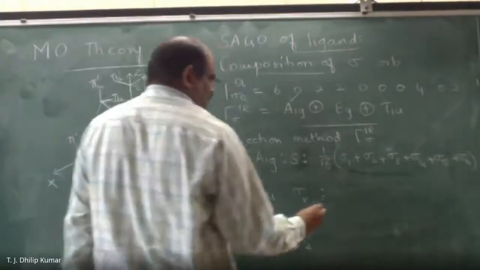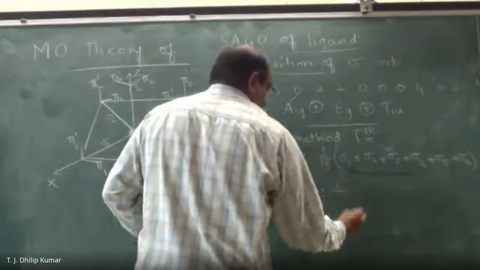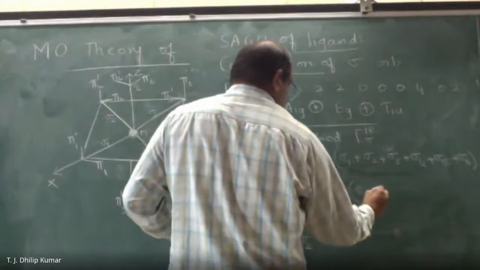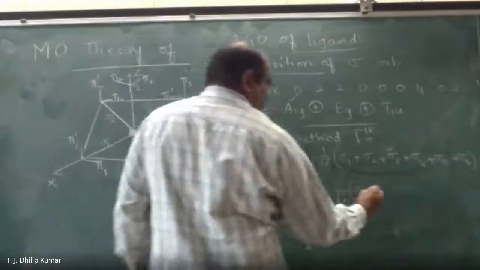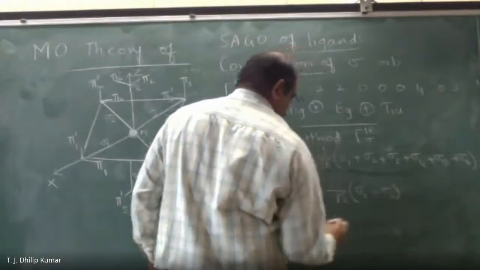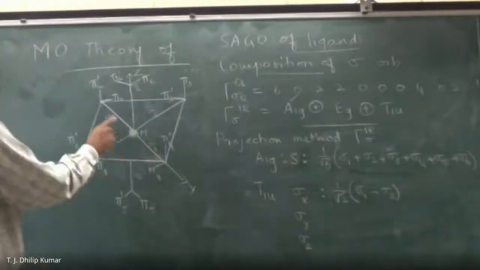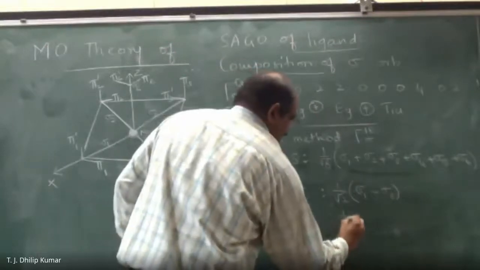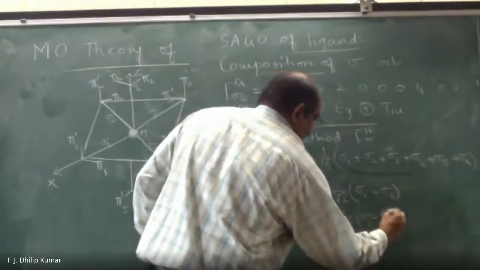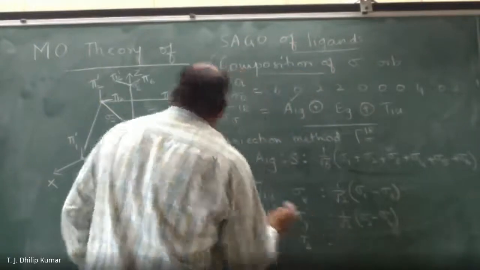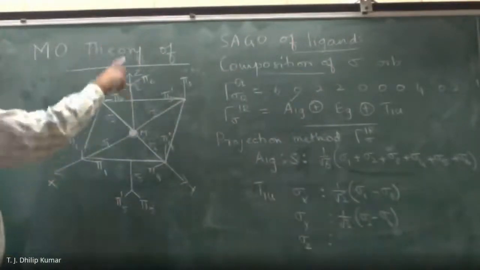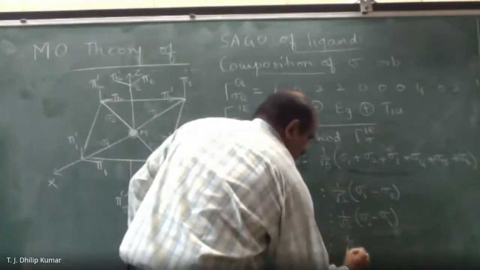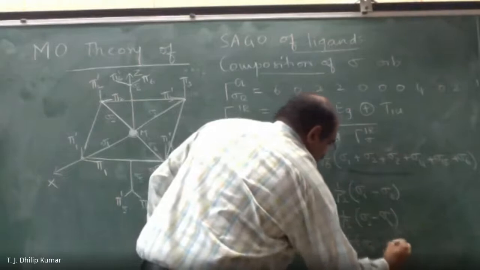Sigma x, once you get the function, will be 1 over root 2 as the normalization constant, and this will be sigma 1 minus sigma 3. And y will be in this direction, so it's sigma 2 minus sigma 4. And then sigma z is in this direction, so you have 1 over root 2 sigma 5 minus sigma 6.